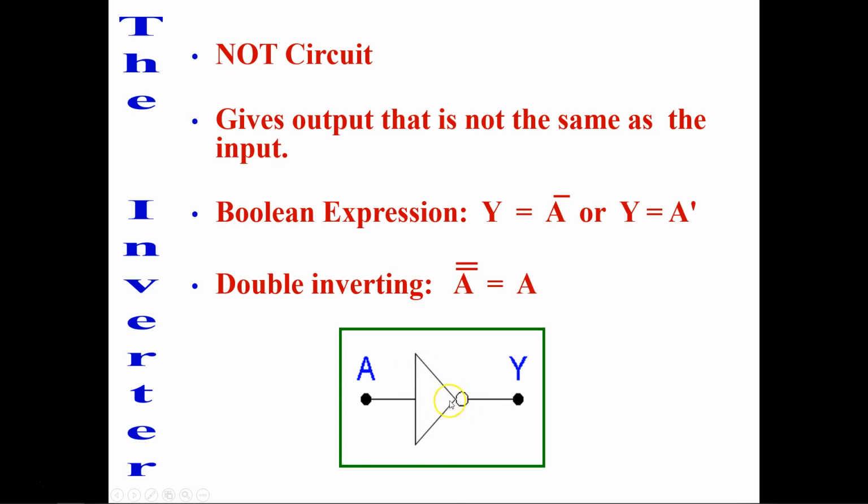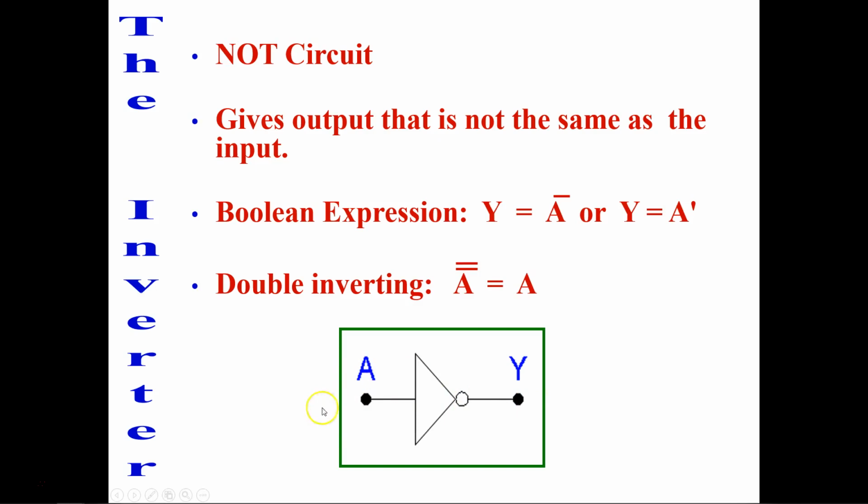This type of symbol is for the NOT gate, and this represents the NOT. So as it says, it gives output that is not the same as the input. So if you give A, then you are not going to get the same output here. It's going to be inverted.